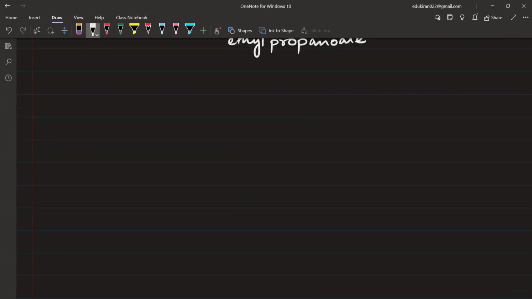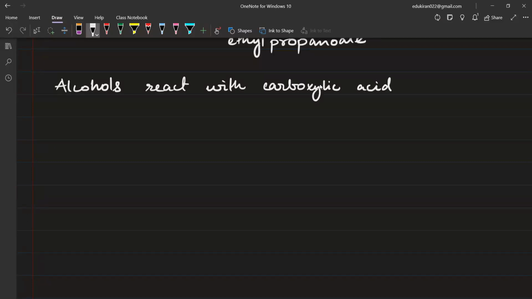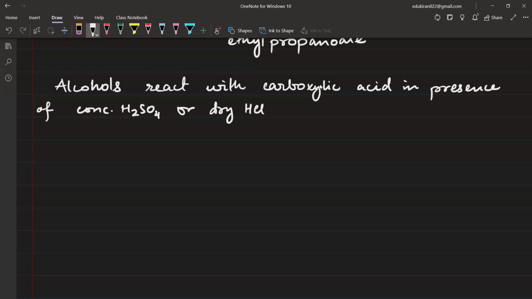Right, next. Okay, write the statement here. Alcohols react with carboxylic acid in presence of concentrated H2SO4 or dry HCl to form ester.